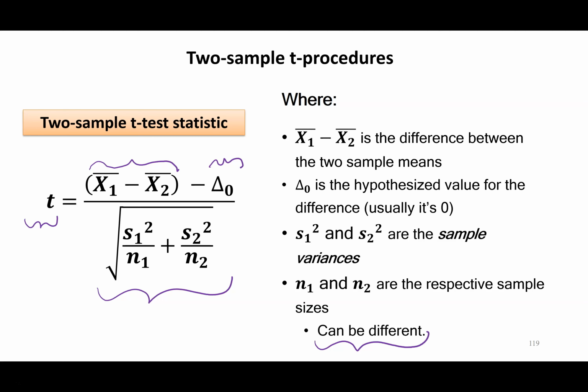I can have 15 in sample 1 and 30 in sample 2, and so on. A lot of times folks like to have equal sample sizes when they can, but it's not always doable, especially in scenarios where one population is a lot bigger than the other.